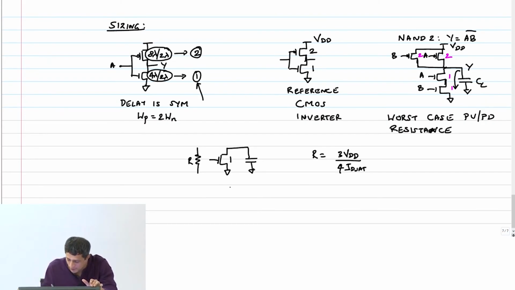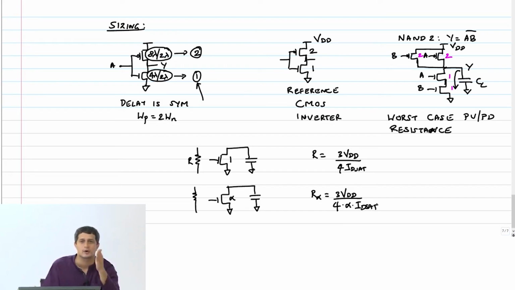And now if my width goes up by 2, or by a factor alpha, then the resistance R alpha is 3 VDD by 4 into alpha times ID SAT, because ID SAT is proportional to W. If I increase my W, I have linearly more current, and therefore 1 by alpha times the resistance. Therefore, this will be R by alpha.